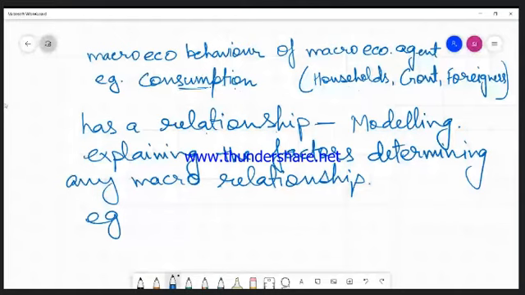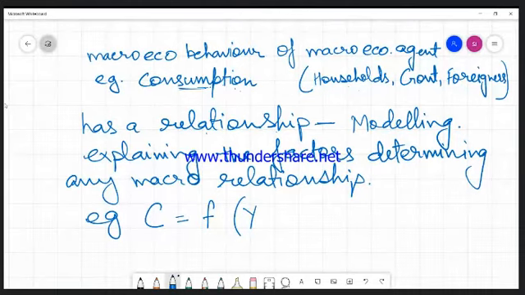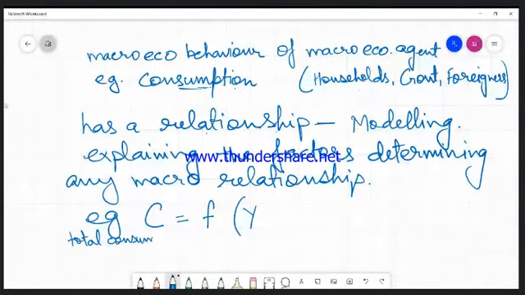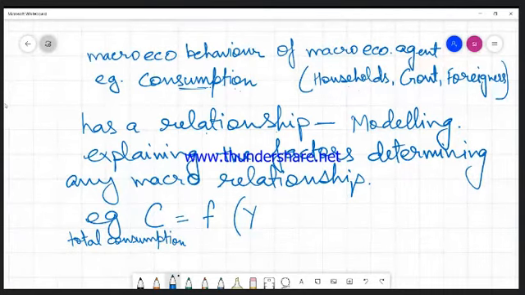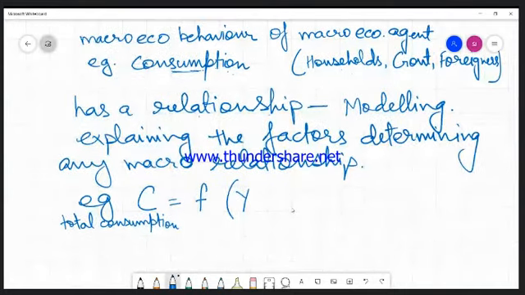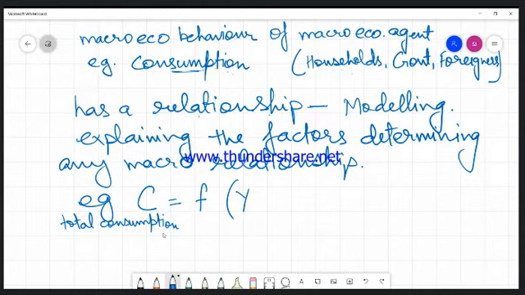So this is consumption. C is a consumption, a function of, say, income level. Now this consumption is the total consumption for the economy. Not for me or you individually, but the total consumption for the economy or for some aggregate agent.